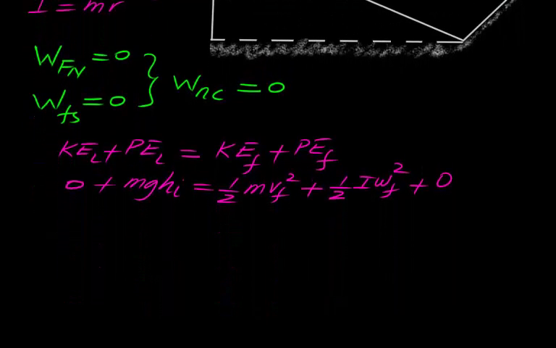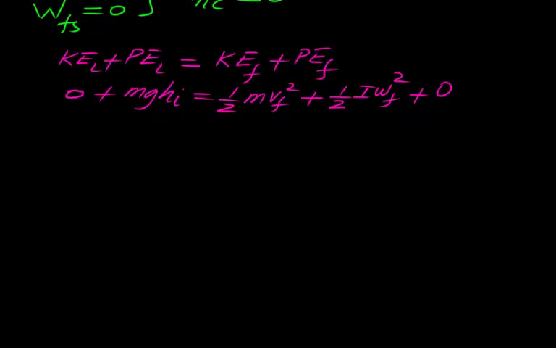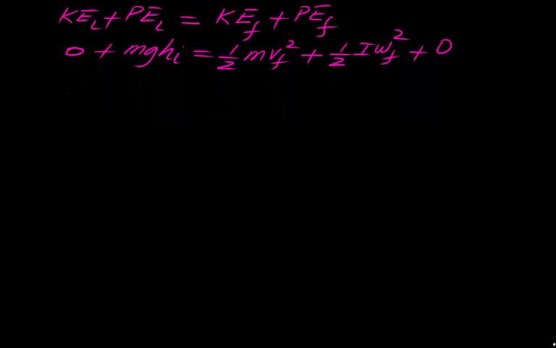Now that we have proved the idea conceptually, let's prove it mathematically. In the case of the solid disk, the kinetic energy, as stated, is equal to 0 at the top of the incline. The potential energy is mgh initial.